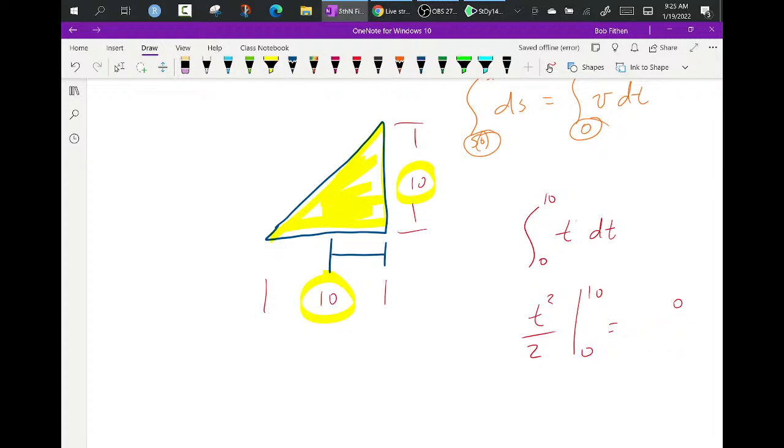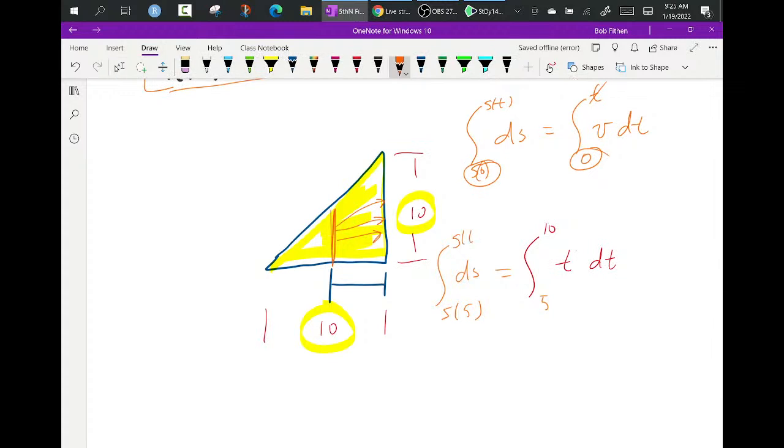The next thing is, if you want to make it difficult for yourself, you can say, I'm going to integrate from 5 to 10. So I'm going from here to here. Well, but if you're doing that, the left-hand side, now pay attention to this, the left-hand side has to have the position at 5 seconds.